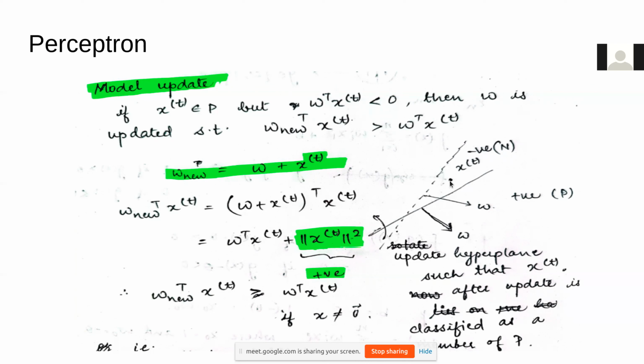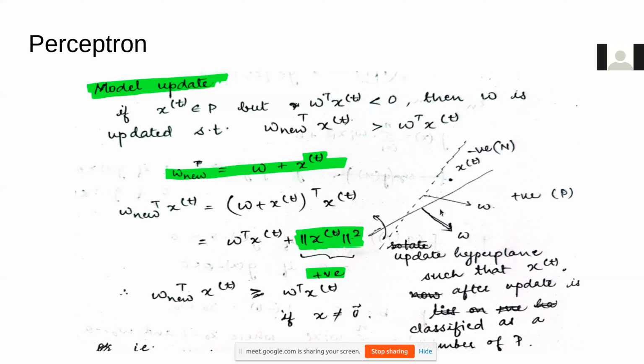So to classify this point correctly, W has to be updated such that the updated hyperplane is able to correctly classify this data point as an instance of class 1. For that, this hyperplane has to be rotated by a certain angle so that this W old becomes this W new here, and X t is getting correctly classified.